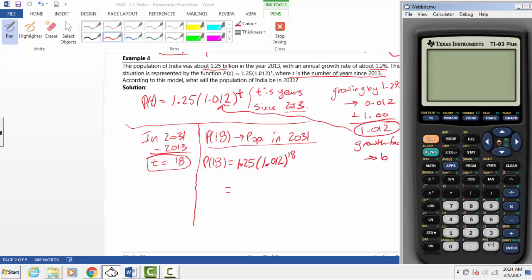So when you want to plug it in, you want to do it exactly like it's written. Your calculator can understand it. So 1.25 times 1.012 raised to the 18th power. Like that. And we get 1.549.